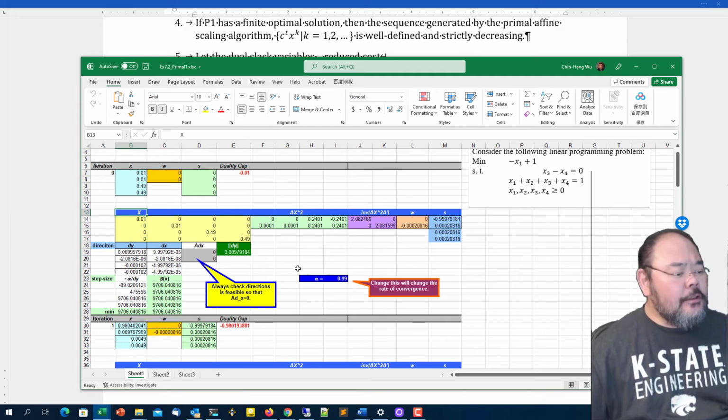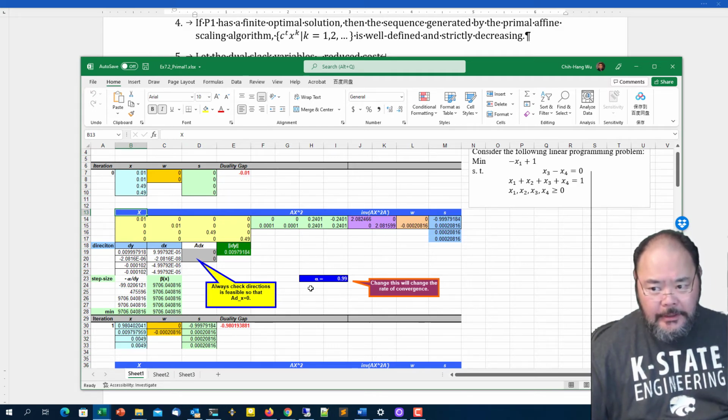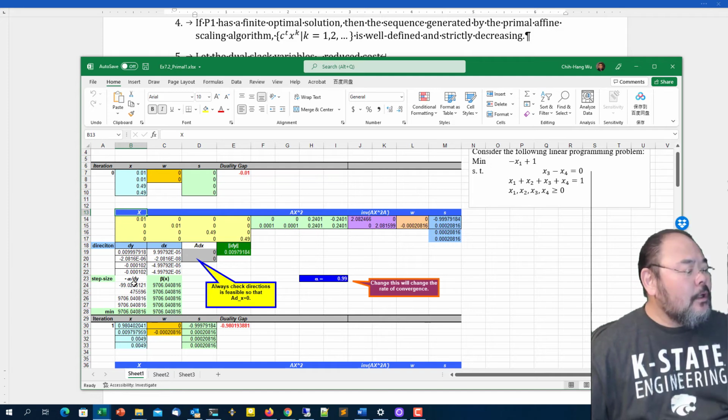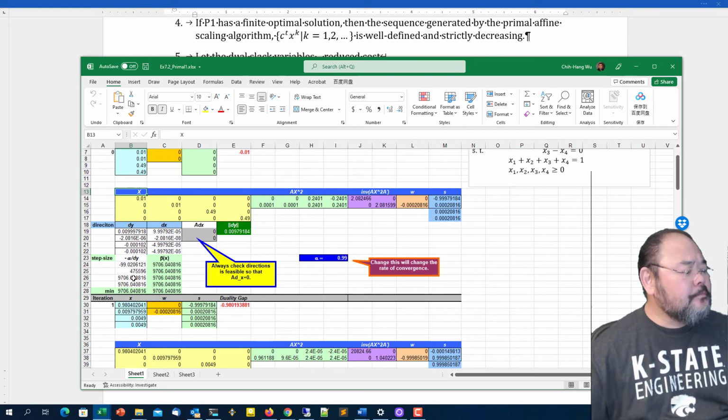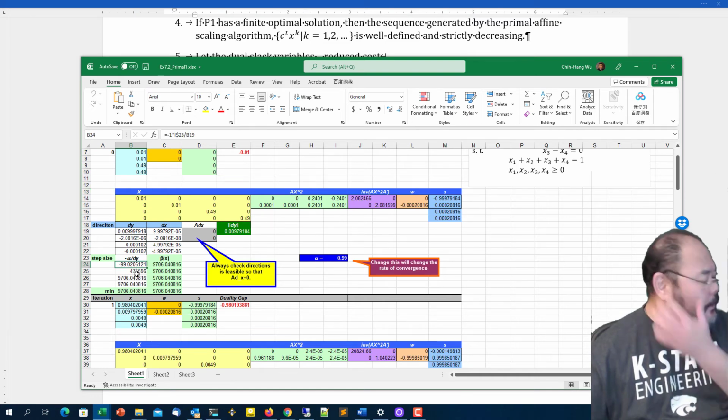Here we're assuming alpha equals 0.99, and I can calculate the step for each one of the coordinates: alpha, 0.99, divided by dy, right here. Okay, so choosing the minimum one, without considering the negative ones.